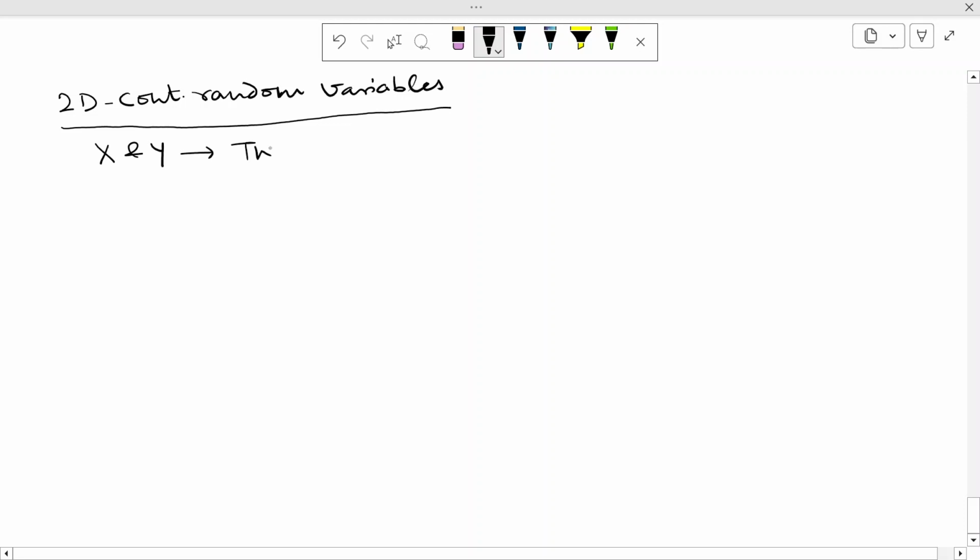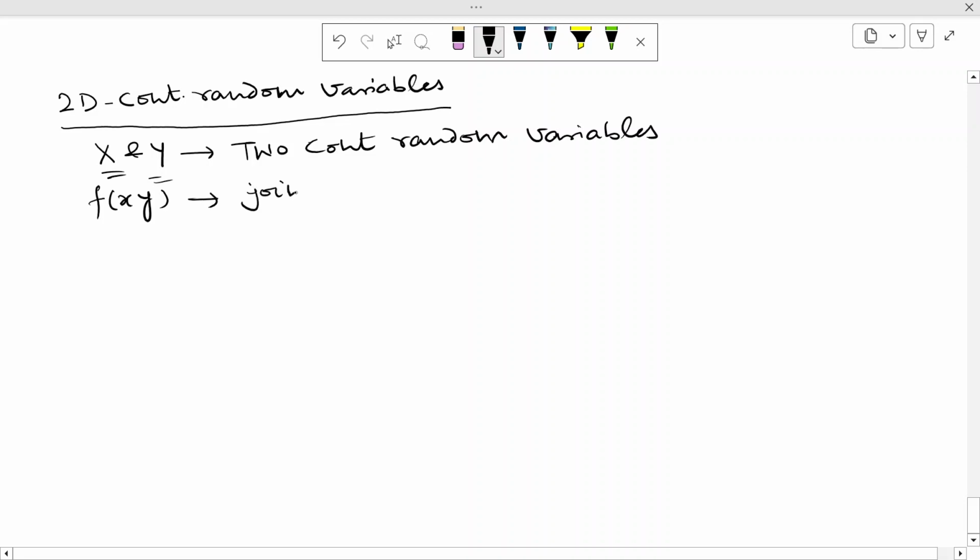So these x and y are two continuous random variables which are defined over the same sample space. Okay, so we have a function which is defined in terms of these two random variables x and y, which is known as the joint probability density function.